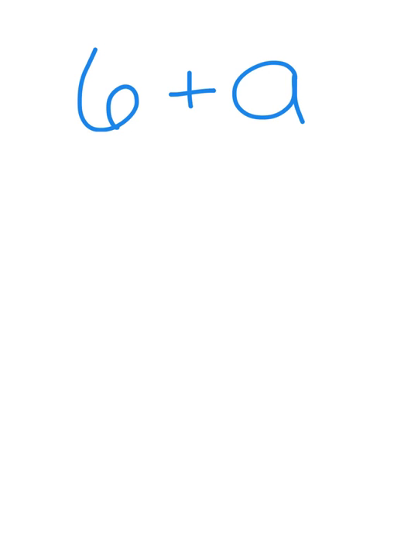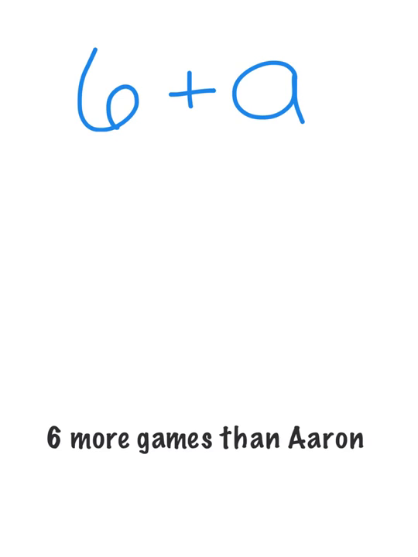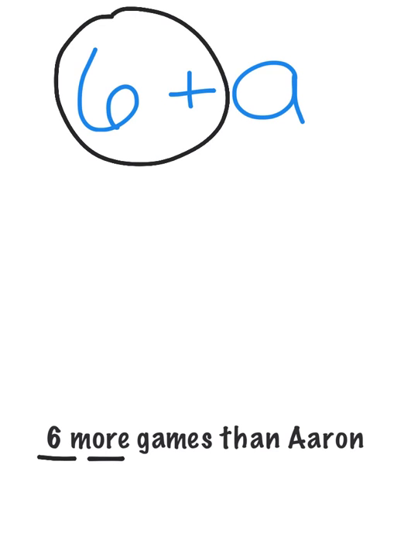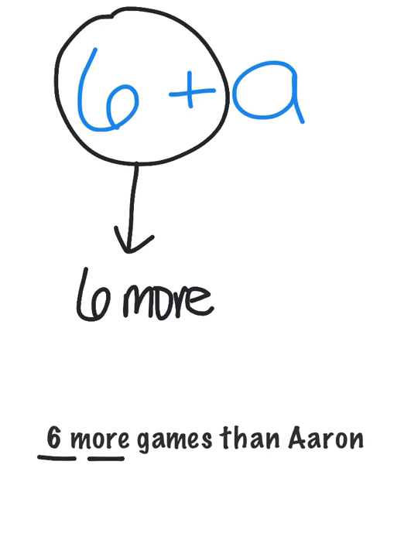The first example is 6 plus A. This expression is showing me 6 more games than Aaron. The 6 is showing you that there is 6 more, so 6 plus, meaning 6 more games than Aaron, and A is your variable for Aaron.